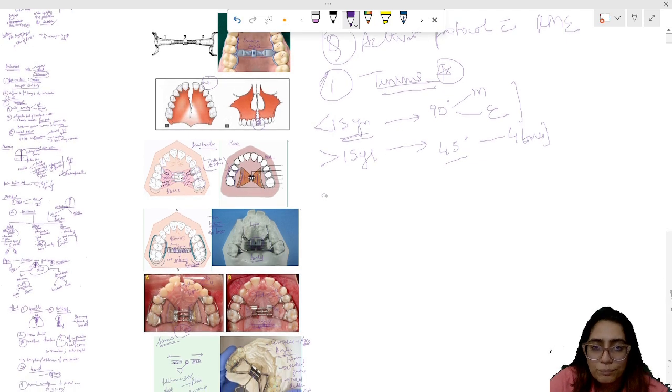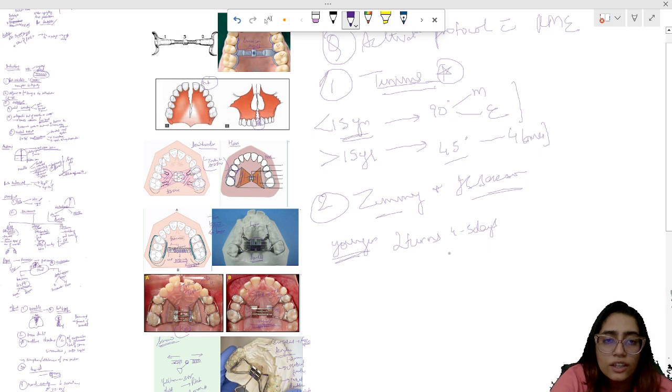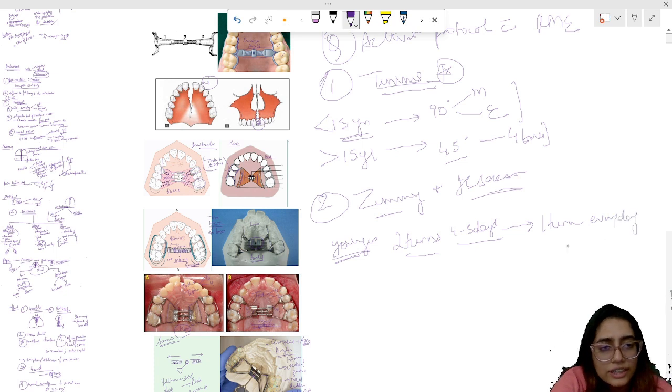The second one is given by Zimring and Isaacson. In younger patients, there will be 2 turns for 4 to 5 days, that is 2 90-degree turns, a 180-degree whole turn in a full day, for 4 to 5 days, and after this there will be 1 turn every day till the desired expansion has been achieved.